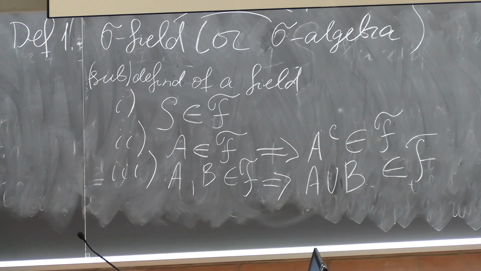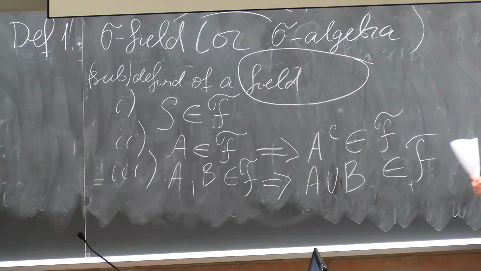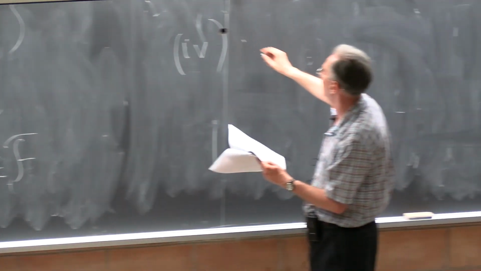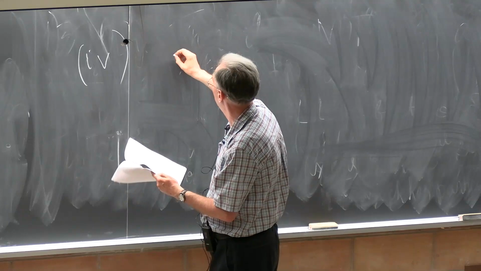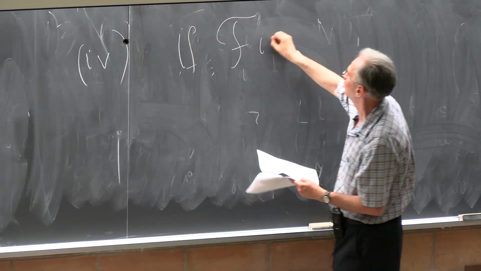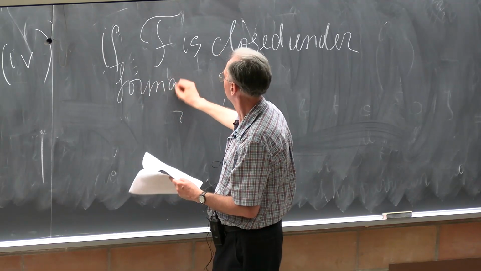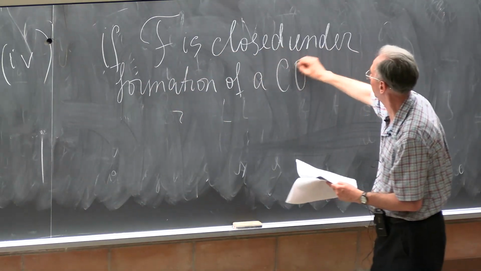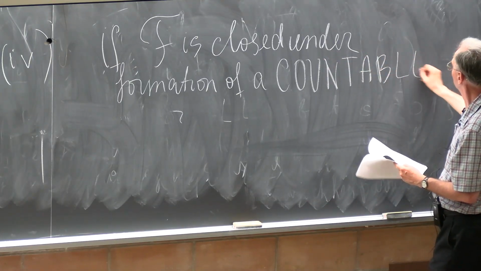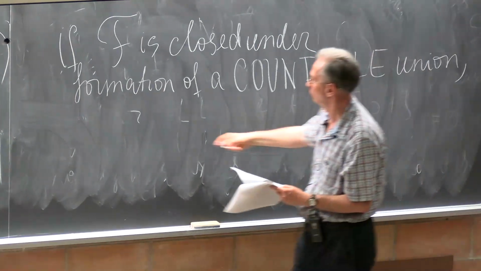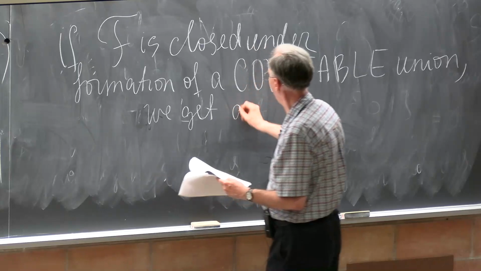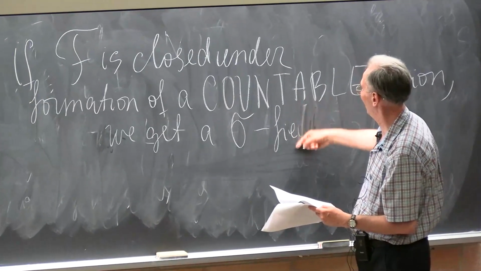But if you impose the fourth requirement, that F is closed under formation of a countable union, we get a sigma field, or countable field.